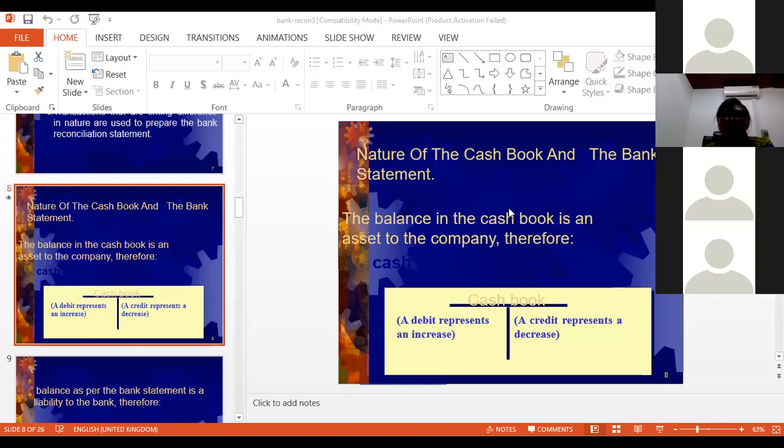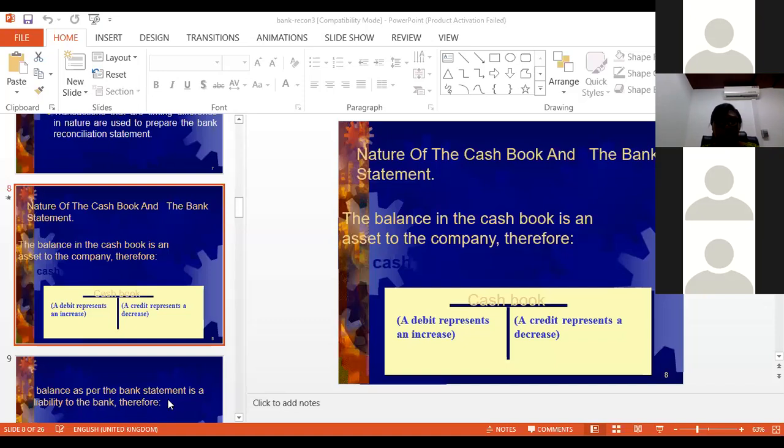So, okay, let's quickly do this. This is the nature of the cash book, and we are referring to the bank column of the cash book. We already know how to rule the cash book. The debit side will represent an increase in cash in the bank, and the credit side will represent a decrease.